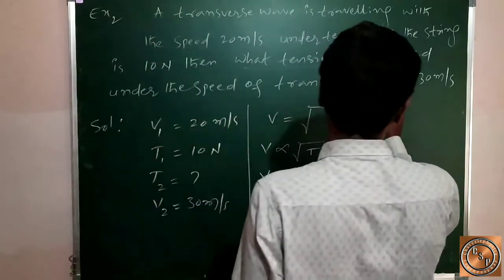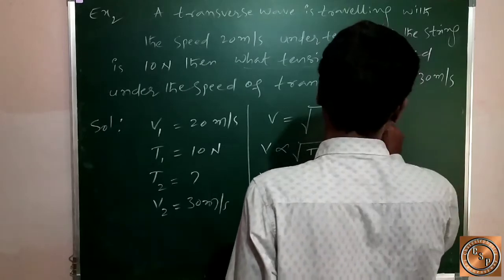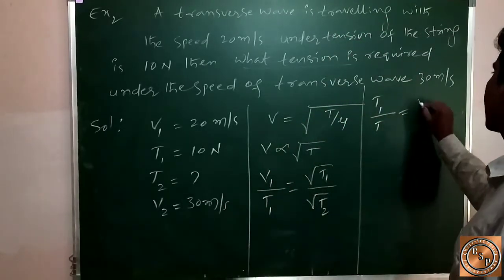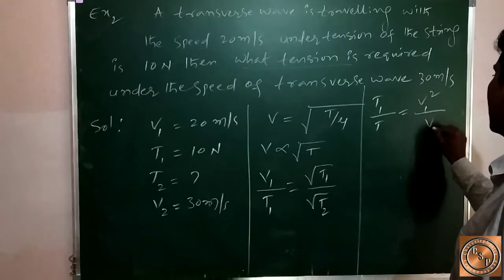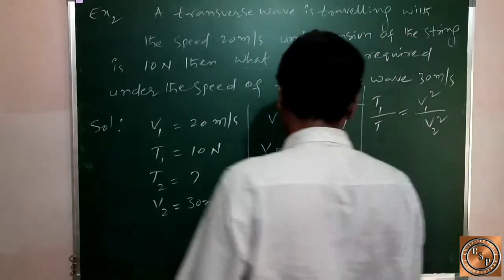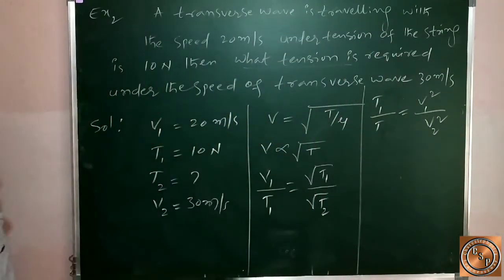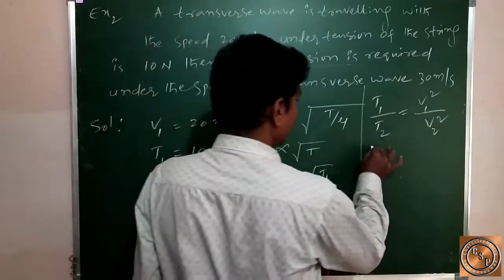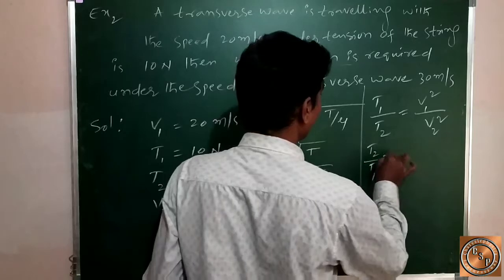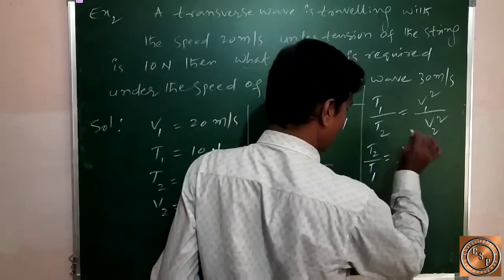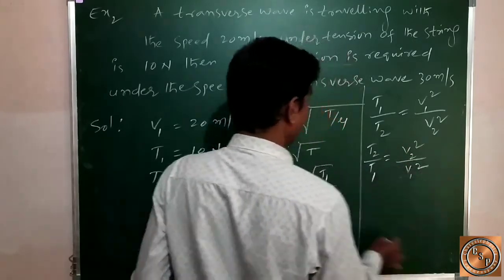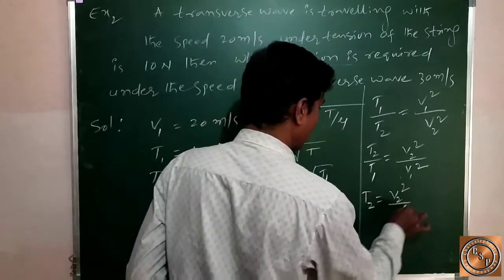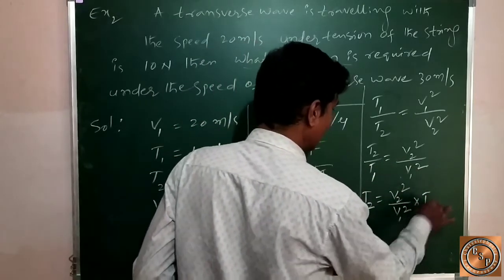After squaring on both sides, T1 by T2 is equal to v1 square by v2 square. T2 divided by T1 equals v2 square by v1 square. We need to find out T2. T2 equal to v2 square by v1 square into T1.